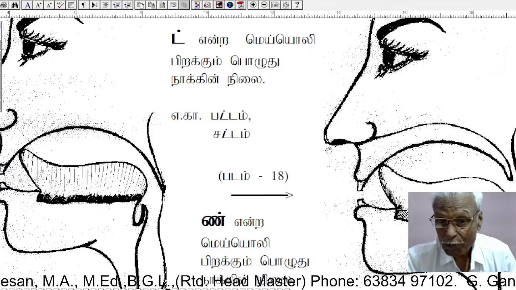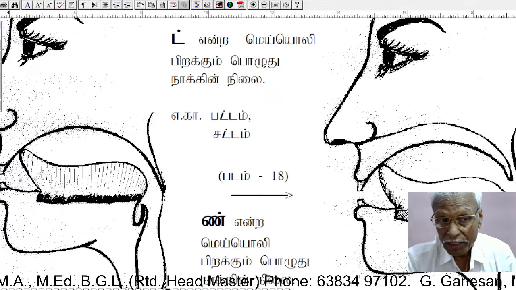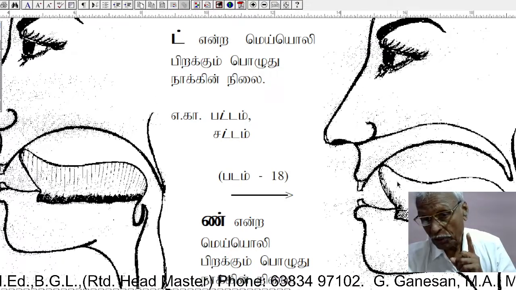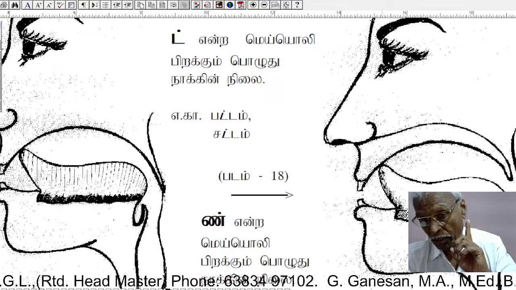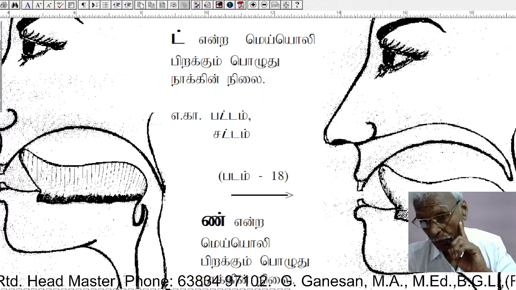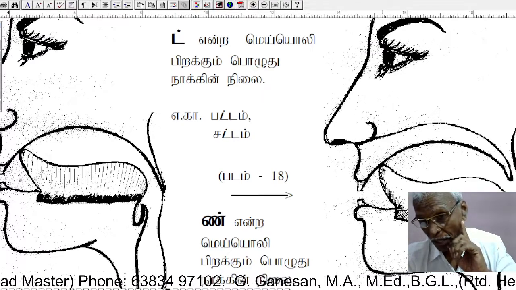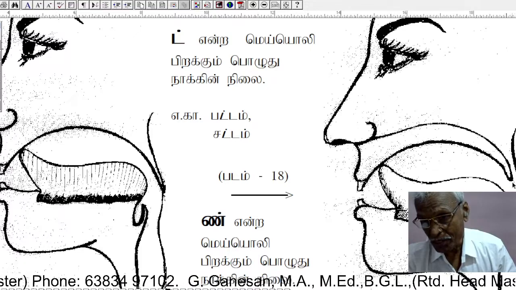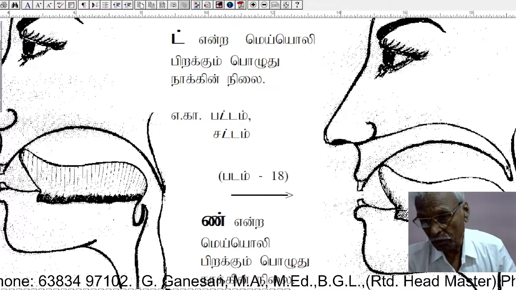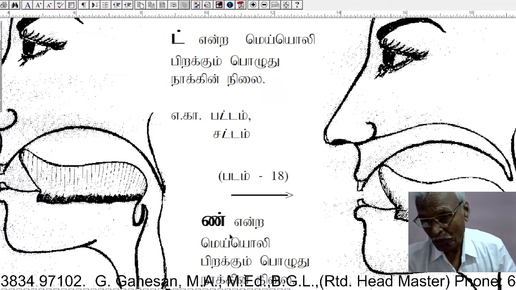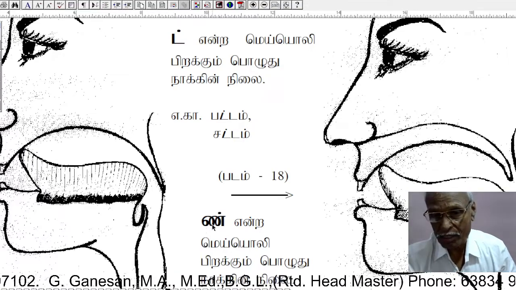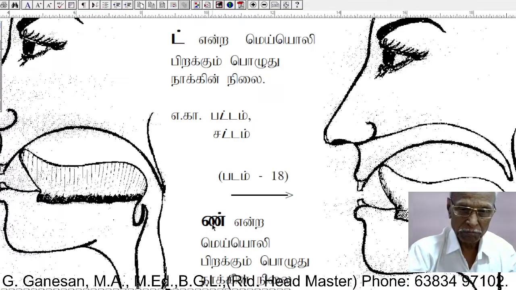That is, when the tip of the tongue raises and makes a tight contact with the hard palate and sends out the air through the nose, the phoneme in is produced.